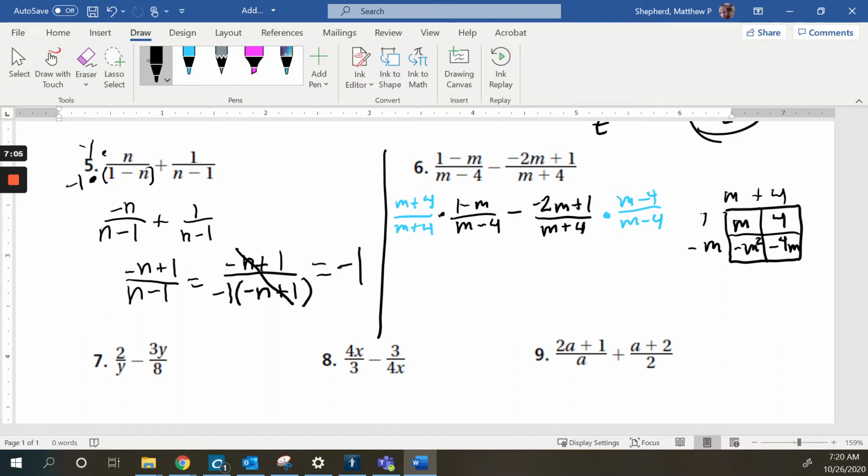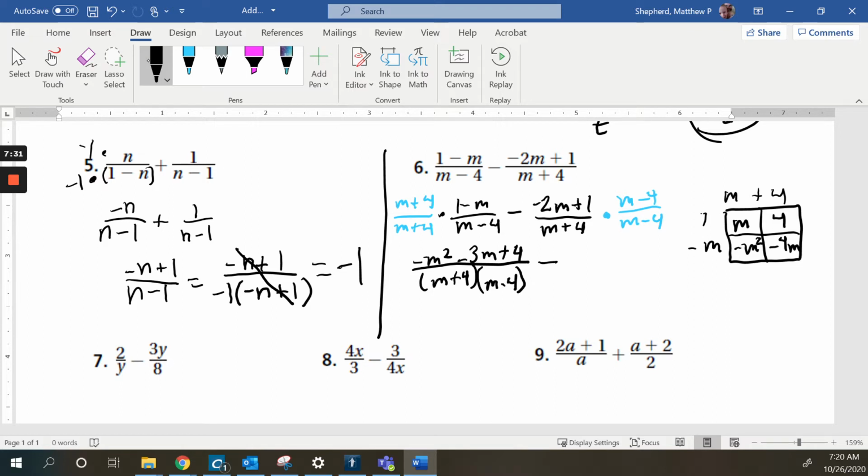All right, so on the top over here in the left, we're going to have negative m squared minus 3m plus 4 all over m plus 4, m minus 4.